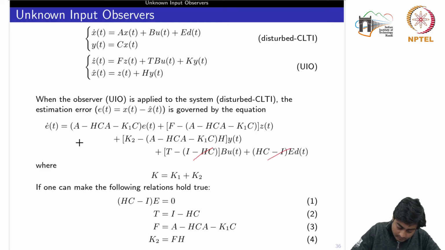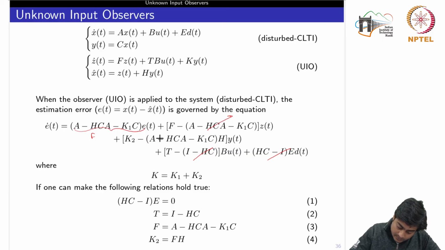Here we are substituting the state matrix of the error dynamics as some F matrix. So if my F becomes equal to this, this would also become equal to 0.